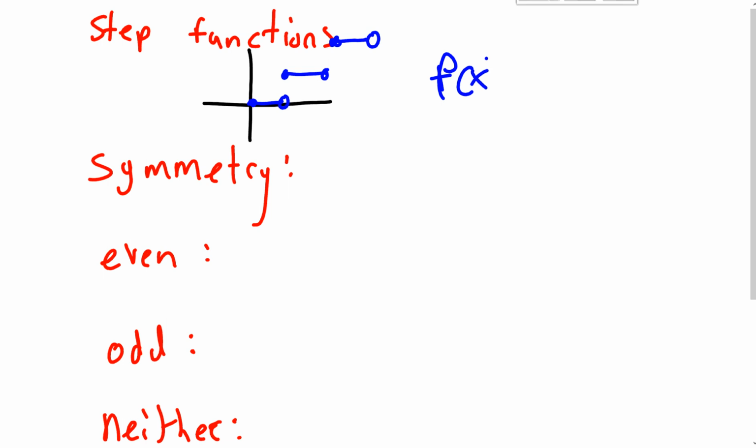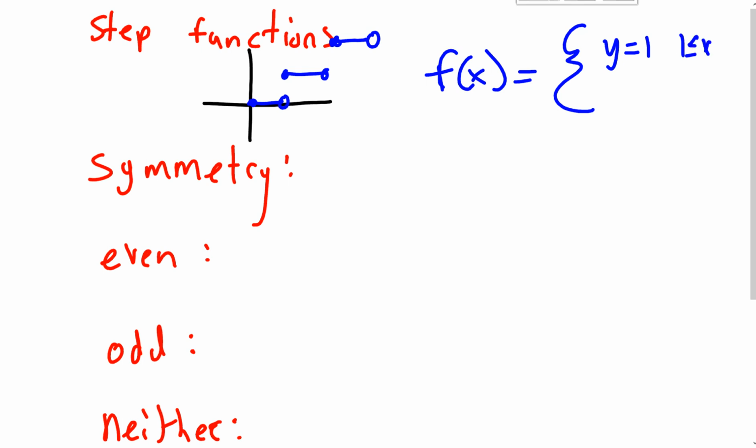So if your function is usually in a piecewise, y is equal to 1 if your x's are greater than or equal to 1, but less than 2. And your y value is, say, 0 if your x's are from 0, including 0, up until 1. So that'd be something like that.